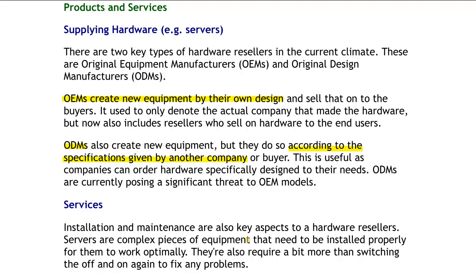The ODM will then create that hardware according to those specifications laid out by the buying company. So the key difference here is that ODMs are given specific instructions of what that company needs from them, whereas OEMs are not given that so much. They're just told this is what the company does, and then they produce equipment for them for that purpose.